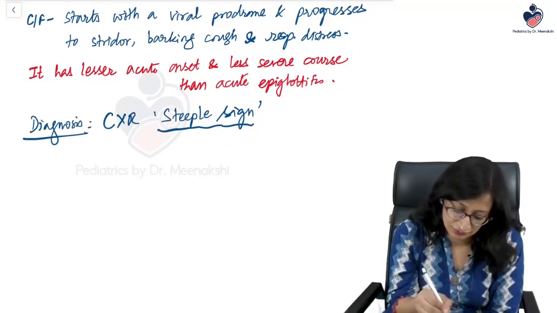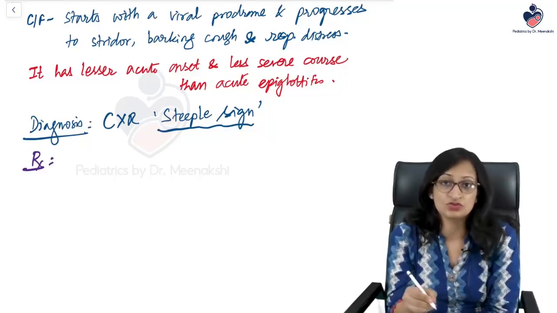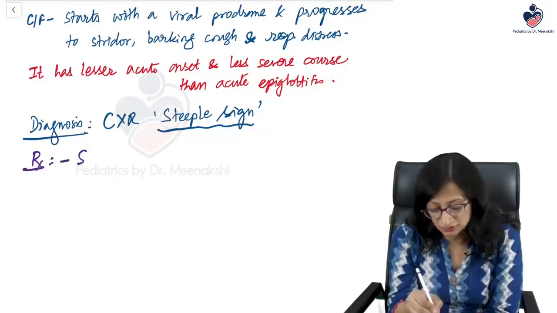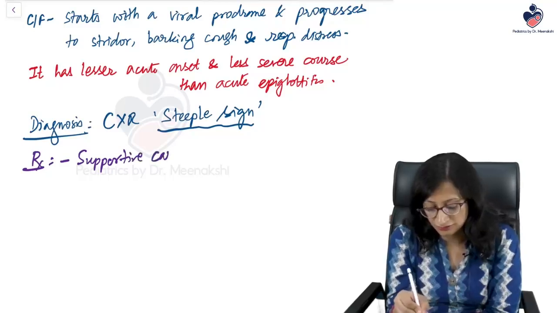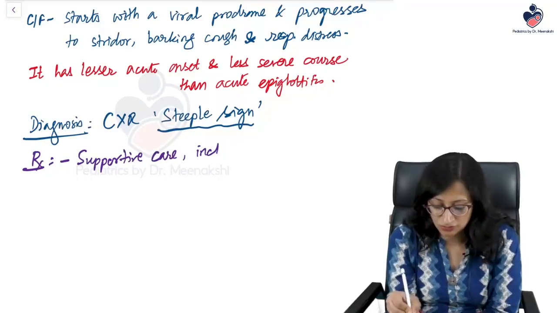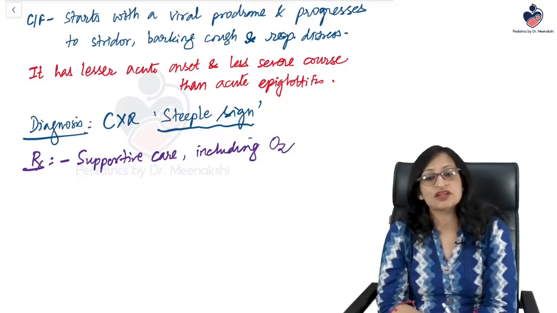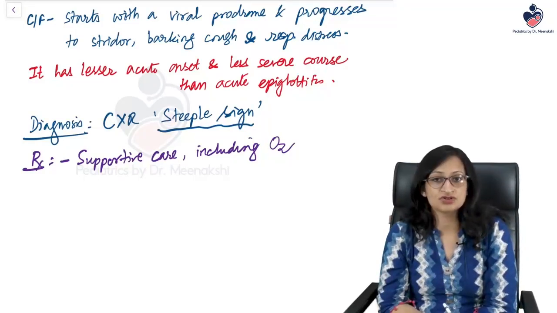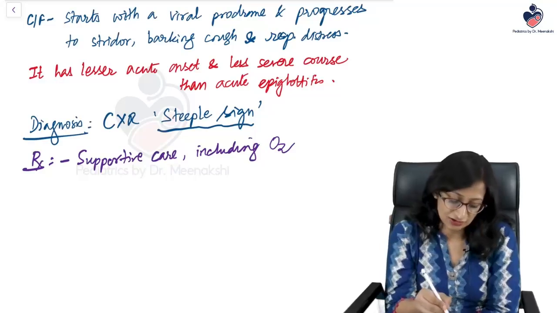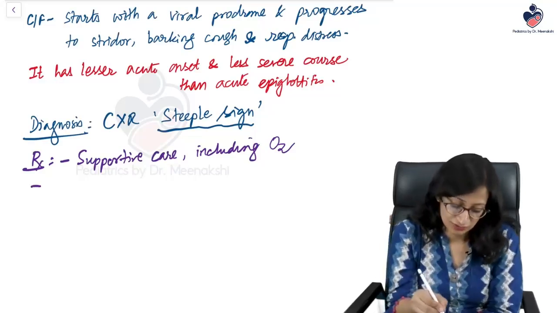Treatment: supportive care including oxygen if hypoxia is there. Single dose of dexamethasone, oral or intramuscularly, has been found to be very effective even in mild cases of croup.